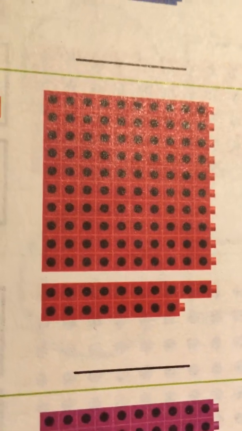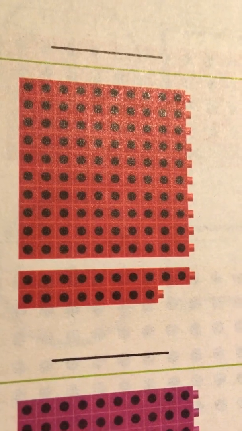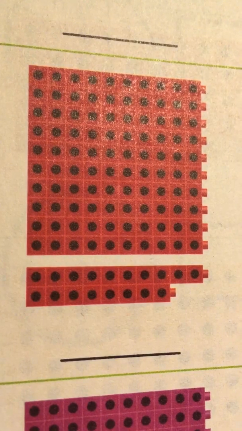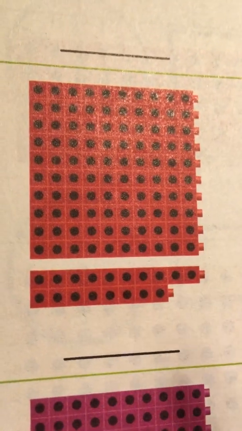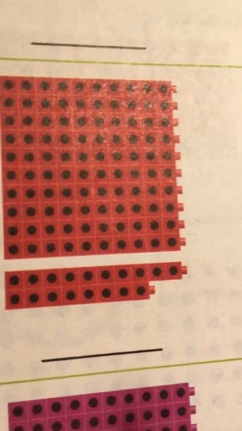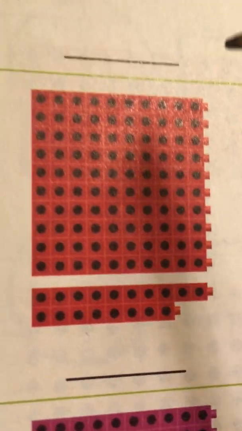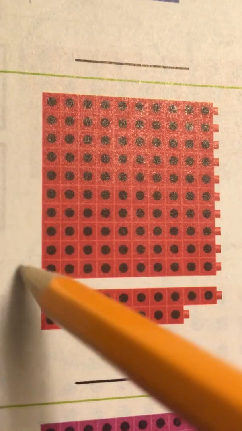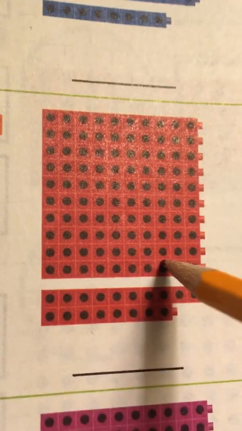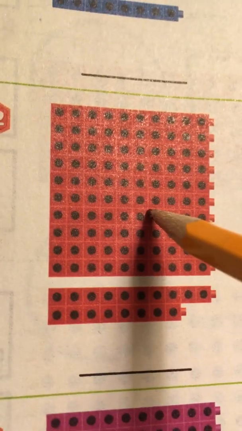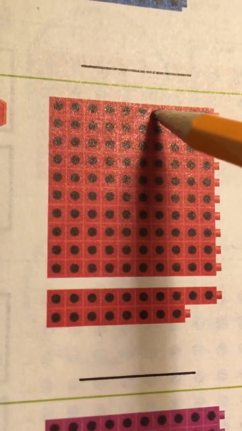Okay, let's look at this one. So take a minute and count how many cubes. Okay, let's do it together. So we know that this right here equals 100. So when we see this, we say 100. We don't count each cube by ones.